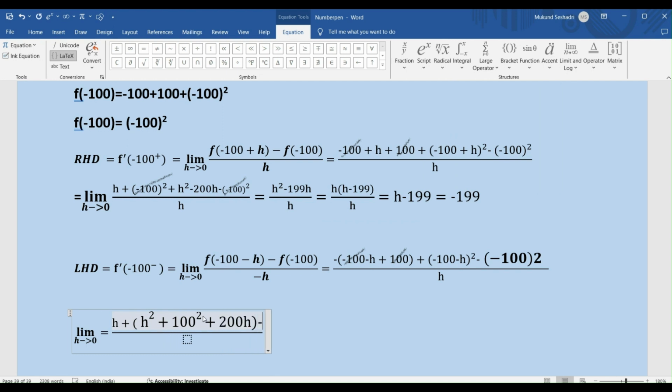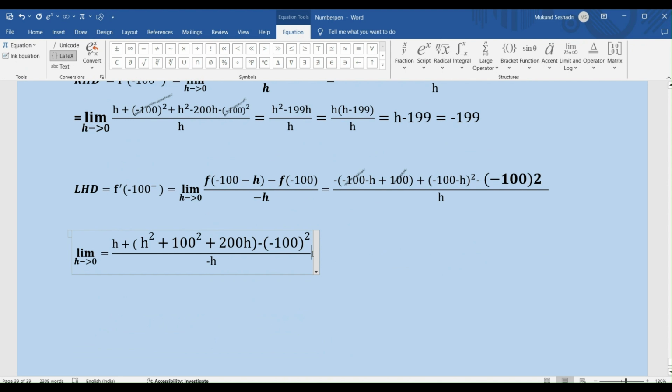And then I still have my 100 square retained. Remember, folks, we have a minus h in the denominator. And what does this further mean? This also means that I can do a bit more of simplification, right?